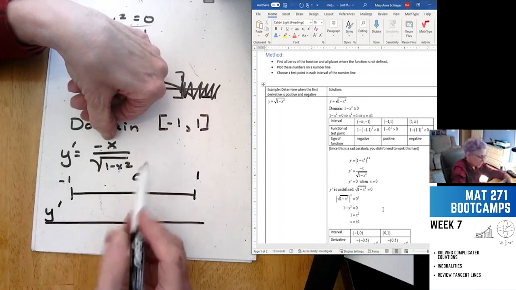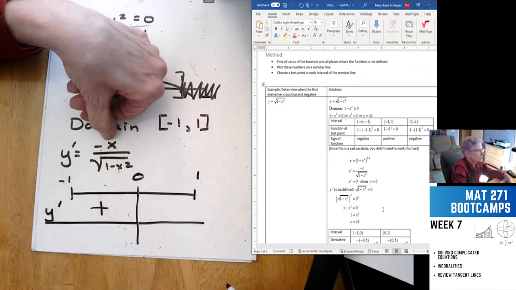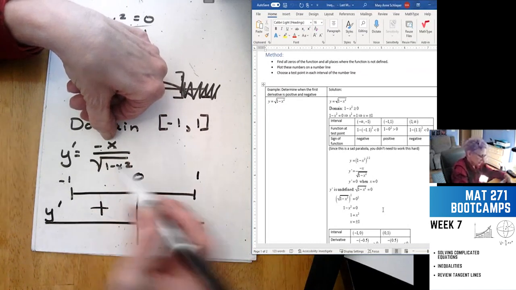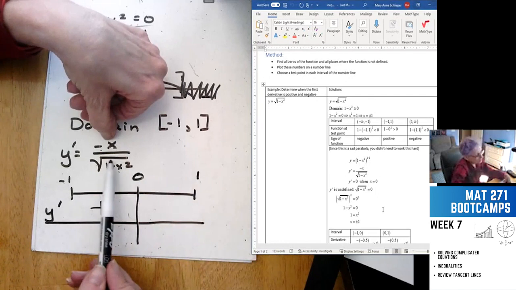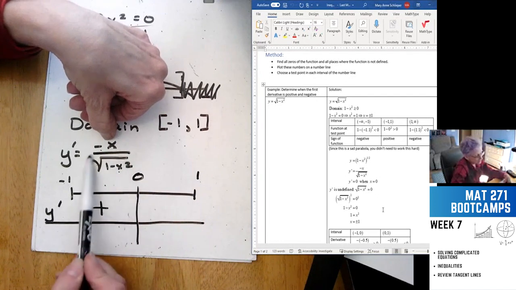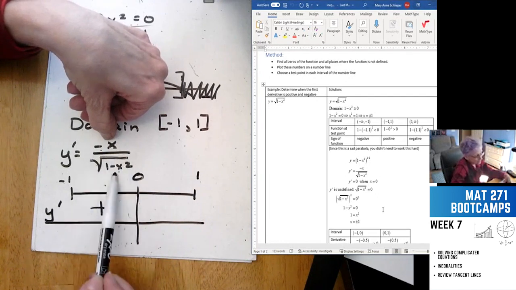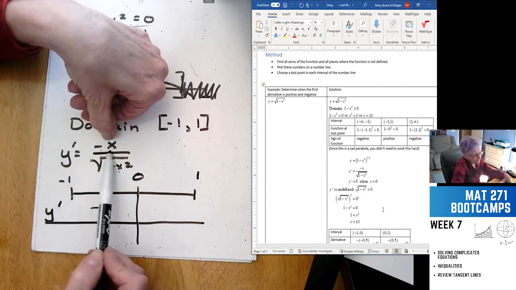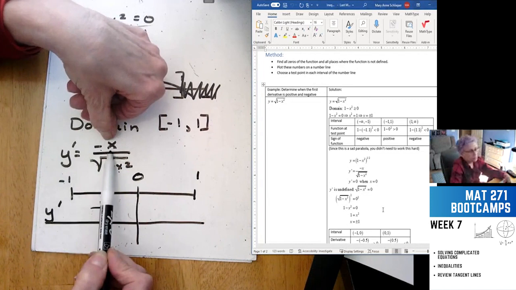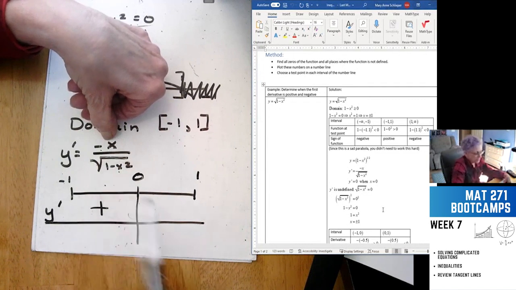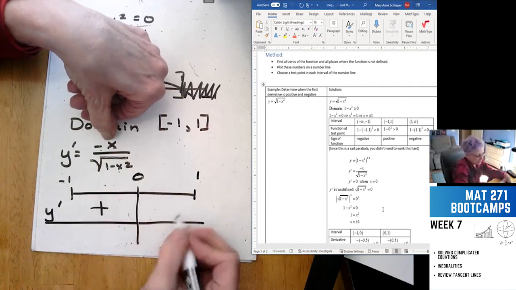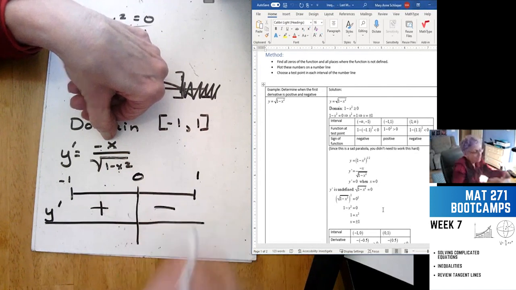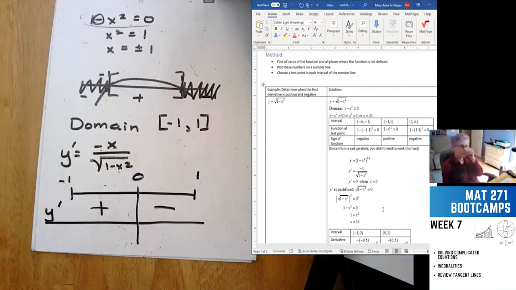Square roots are always positive, so positive. Also, you can think of it as this denominator is always positive. Therefore, the sign of the derivative depends entirely upon the numerator, and the numerator is positive when x is negative, and negative when x is positive.